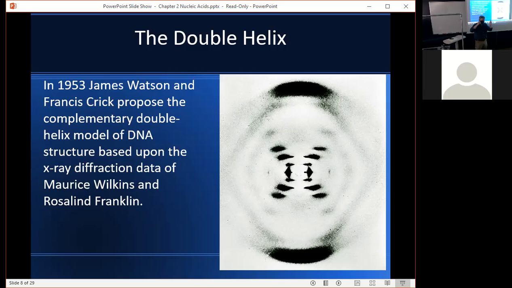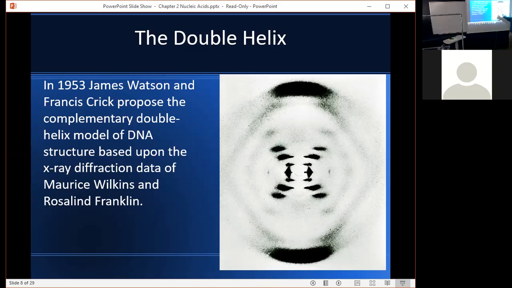Wherever the diffracted X-rays hit the photographic film, it's going to expose it and turn it black. Based on the patterns we see on the film, we can determine the structure of the molecule in the crystal. The important thing about photograph 51 is this X.